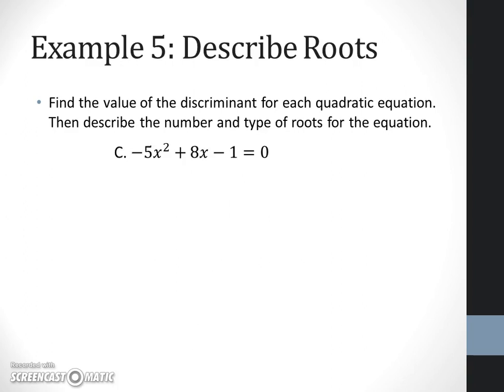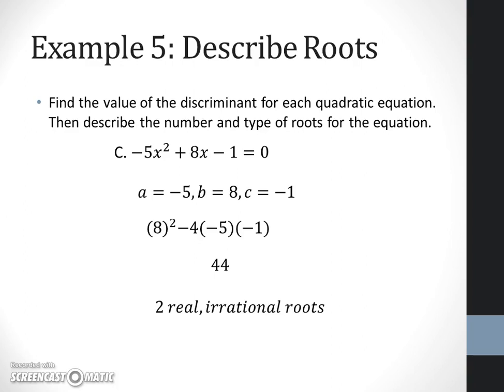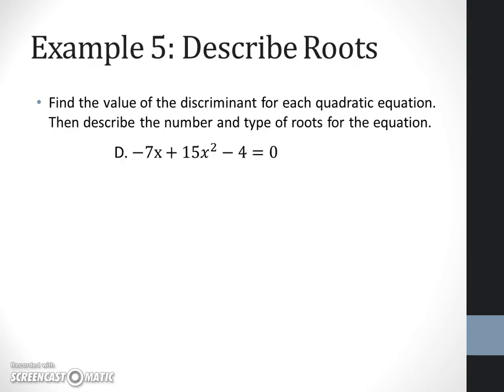Next one, negative 5x squared plus 8x minus 1. So we have negative 5 for a, b is 8, c is negative 1. Substitute in, 64 minus 20, which is 44. The discriminant is 44, which is not a perfect square, therefore there are 2 irrational roots. Next one, negative 7x plus 15x squared minus 4.